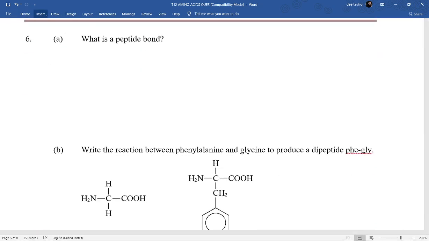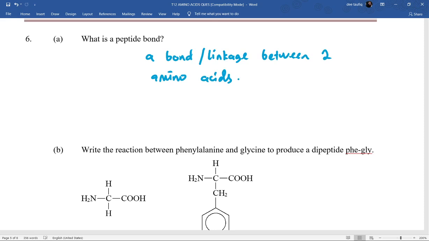Number 6. What is a peptide bond? A peptide bond is a bond or a linkage between two amino acids.